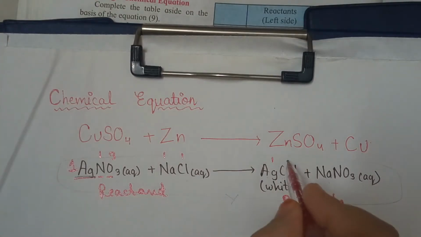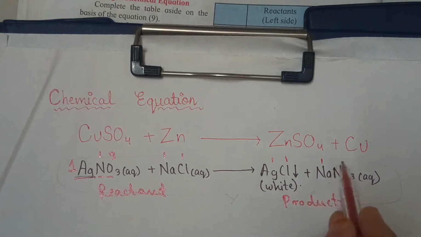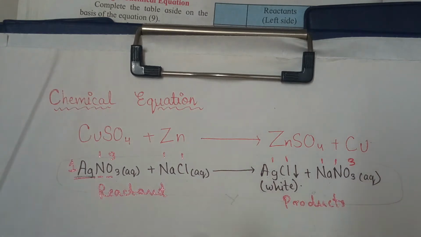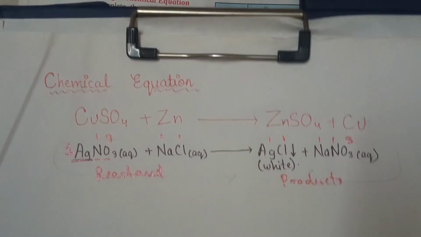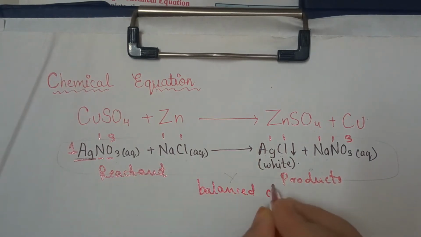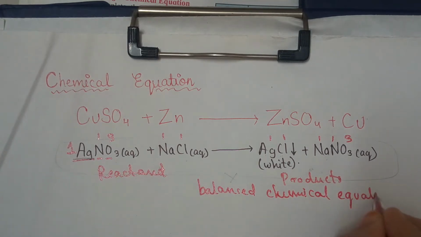And when we look at the product side, so here 1 atom of silver, that is Ag, and 1 atom of chlorine, and 1 atom of sodium, 1 nitrogen and 3 atoms of oxygen. That means total number of atoms in the product side and in the reactant side are same. So that's why it is called a what? Balanced chemical equation. All right, student.